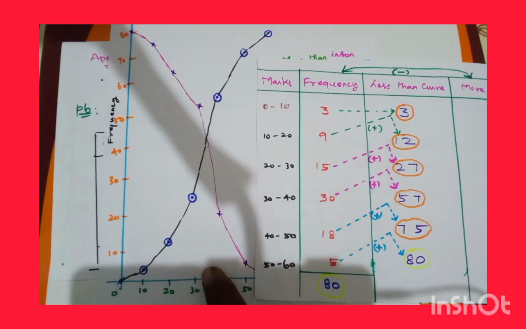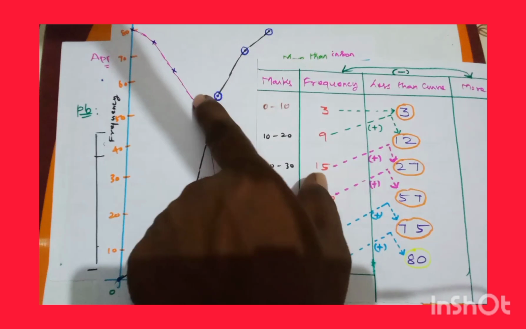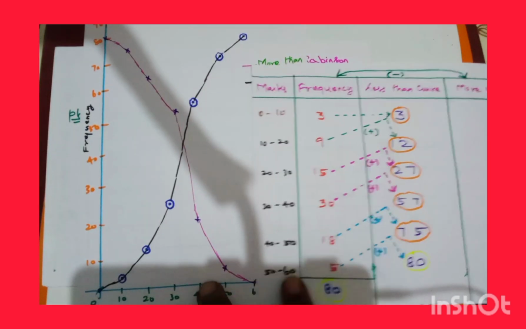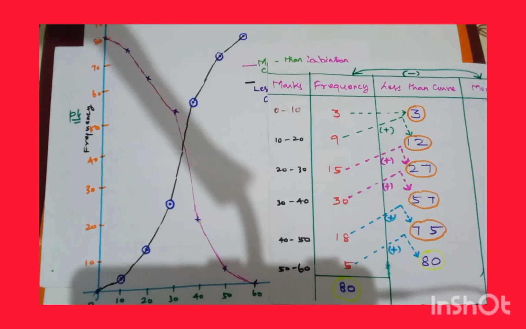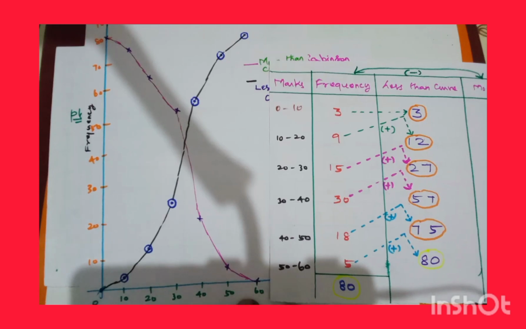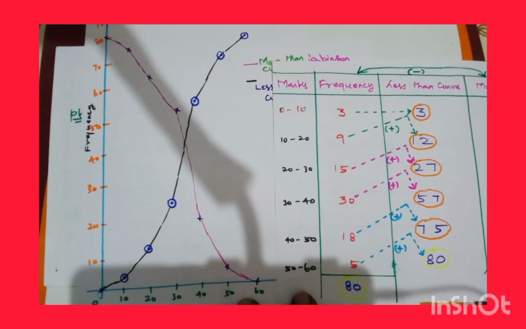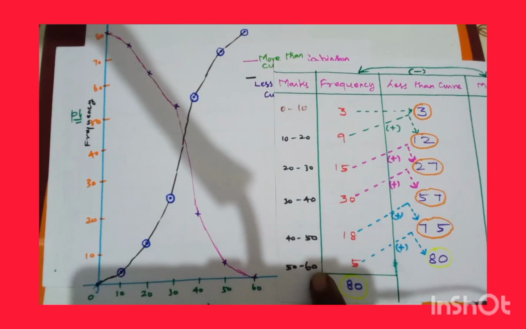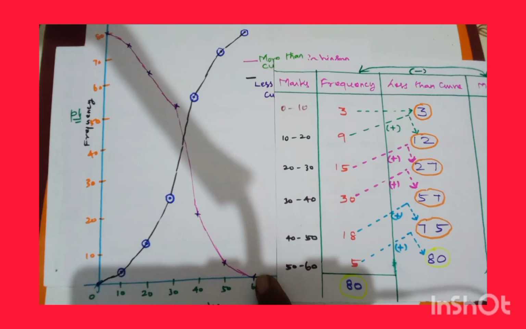And after 30, this is 40, 23. Then the last one, 50, this is 5. And then consider the upper limit also. For 60, it lies on the x-axis.